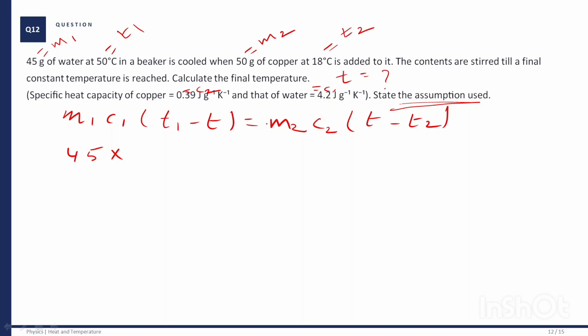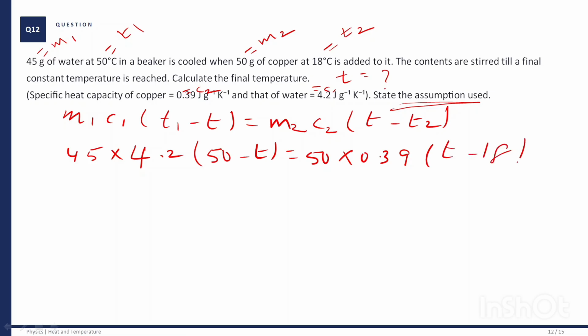So 45 into C1 which is 4.2, temperature 50 minus T, equal to mass 50 into 0.39 of T minus 18.